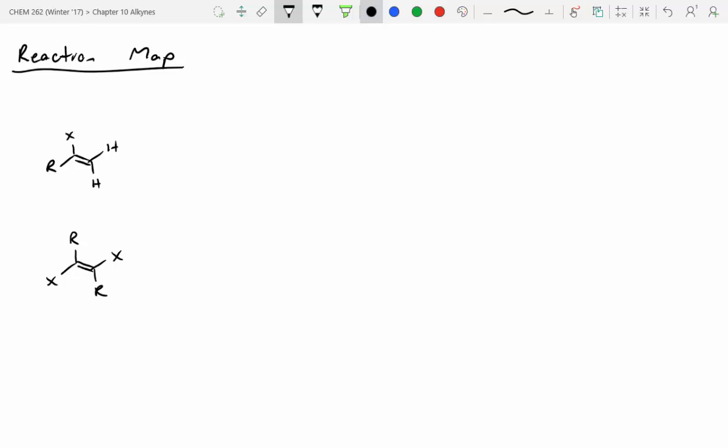So we've got some halogenated compounds, some tetrahalogenated compounds right here, and then over here I'll add in more halogenated compounds for fun. These are all of the different ways we know of adding halogens onto compounds.